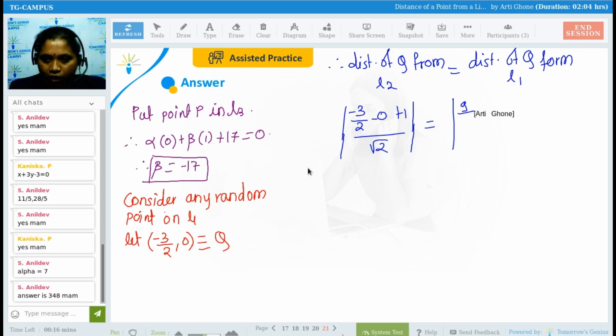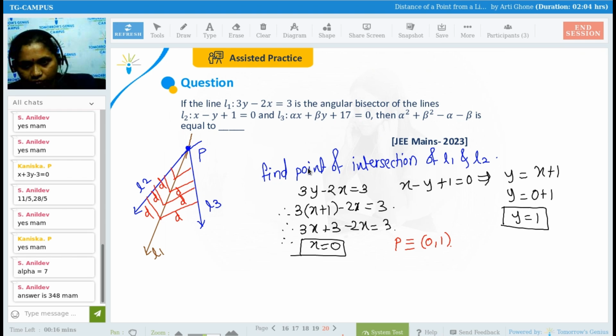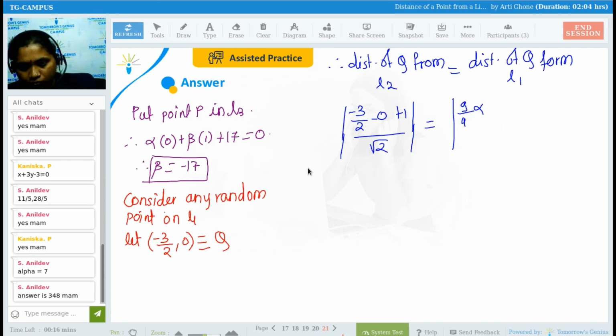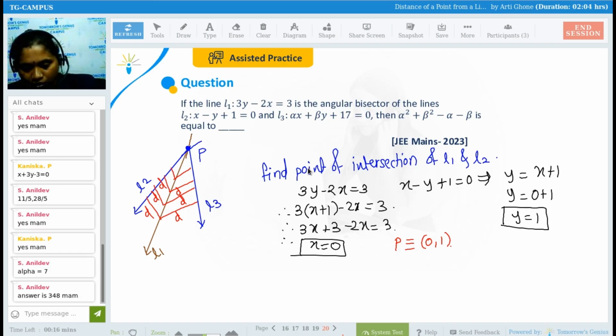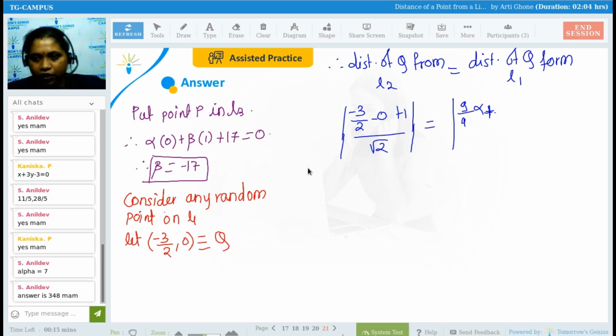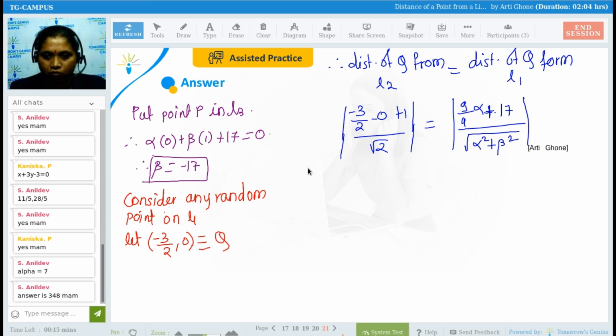So it is 9 by 4 alpha plus beta 17. So it is beta is 17. So plus 17. So this is leading to alpha is equal to 7.